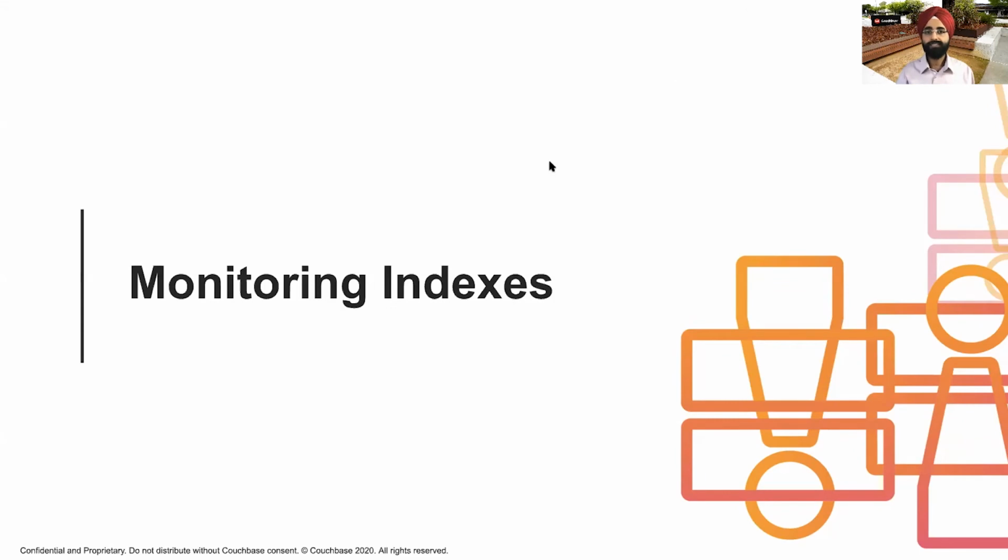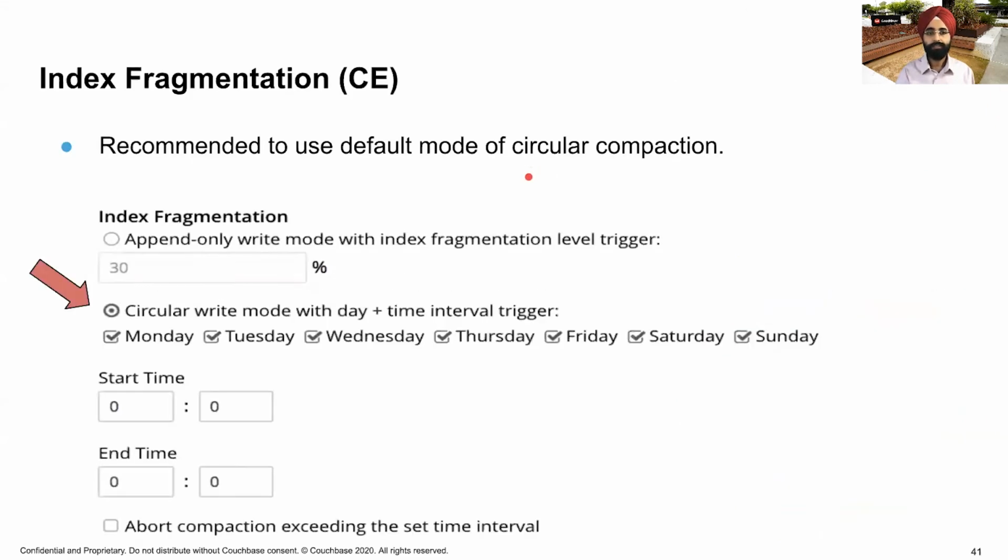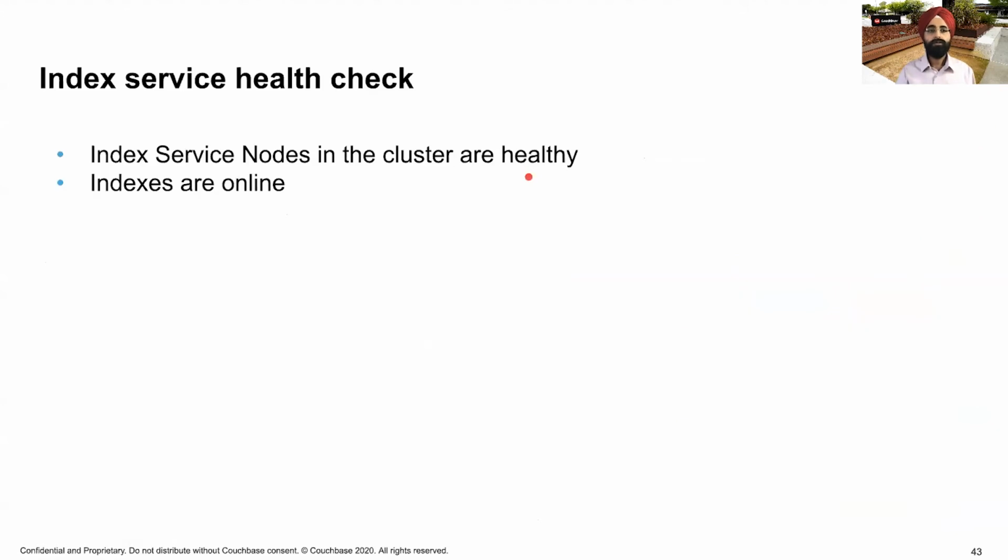Moving on to the next section about monitoring indexes. In order to do an index service health check, a couple of things are important. First one is to check if the index service nodes in the cluster are healthy, and the indexes are online.